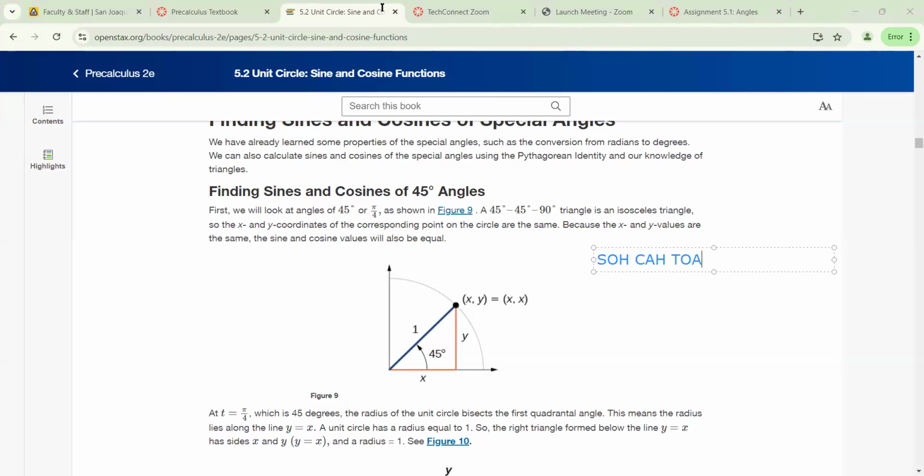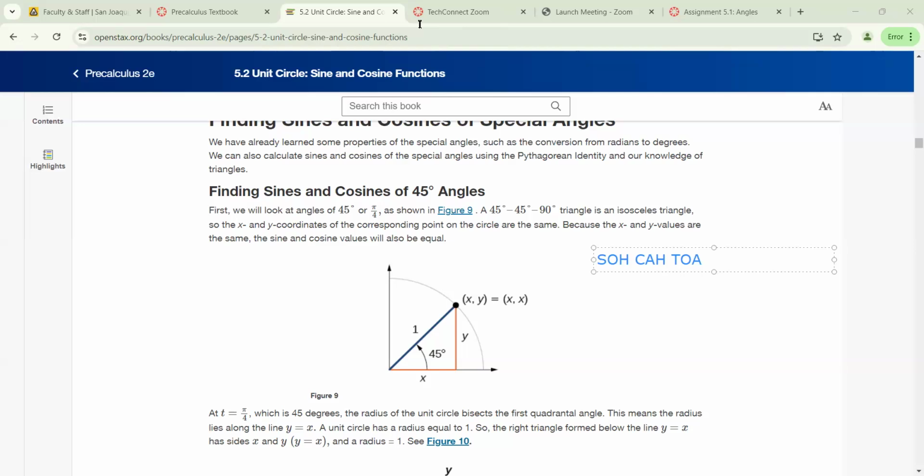Yes, no, kind of. It is like S stands for sine, O stands for opposite, H stands for hypotenuse, C stands for cos, A stands for adjacent, H stands for hypotenuse. For TOA, T stands for tangent, O stands for opposite, A stands for adjacent.